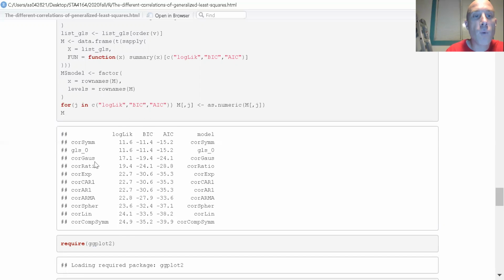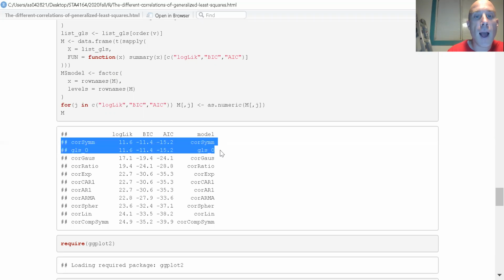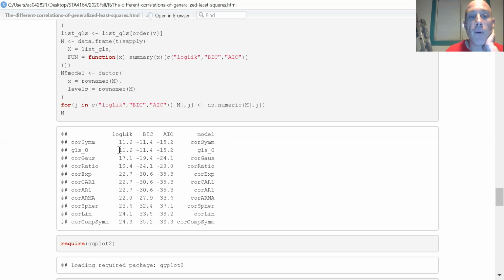Oh, now something I would want to consider. Let's say for some reason I was going to use one of these two models, either baseline with no special correlation structure, or the corSym. Well, if the statistics were the same and I've got two competing models, I want the simpler one.